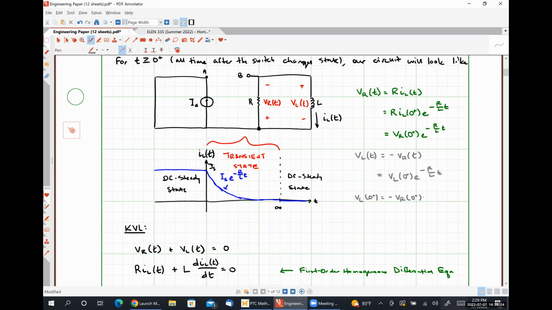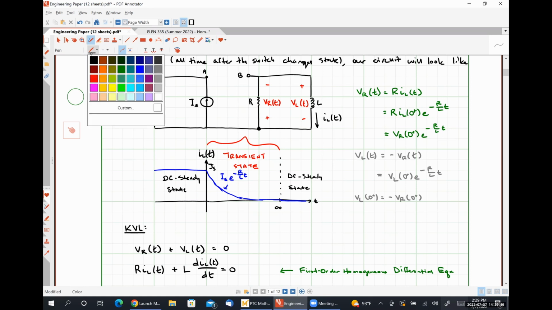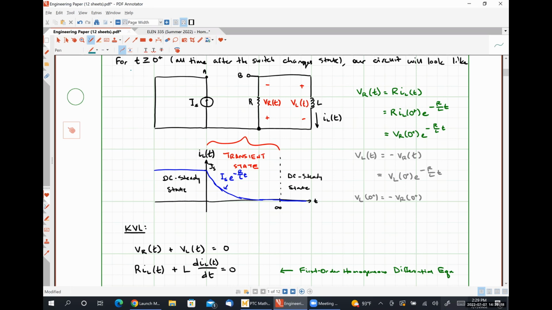So what I'm trying to get at here is that our inductor current has an exponential response, and it forces the voltages to also be of that same exponential shape.